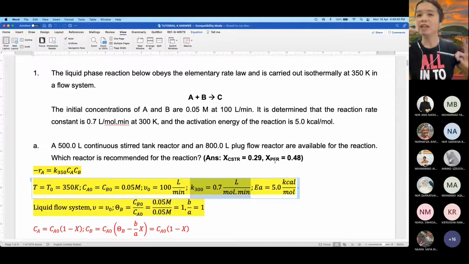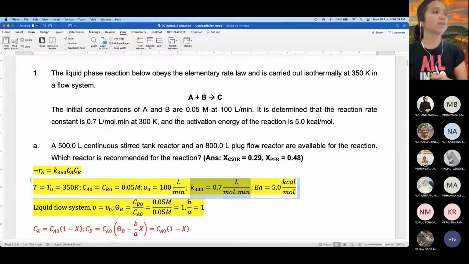If you remember, the reaction is at 350 Kelvin. So although you have the k, the k given to us is not at the reaction temperature. You have to catch this. You must know that the temperature of my reaction is 350, and although I have a value of k, it is not at my reaction temperature.